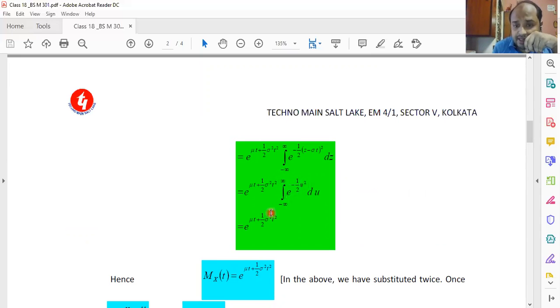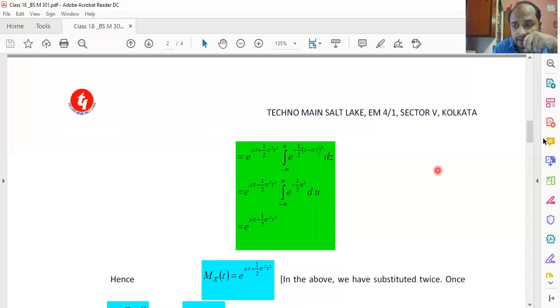Since z minus sigma t is equal to u, and t and sigma are constants, dz will be du. And therefore this particular thing, 1 by root 2 pi multiplied by the integral, will be what? The total probability. And total probability is 1.